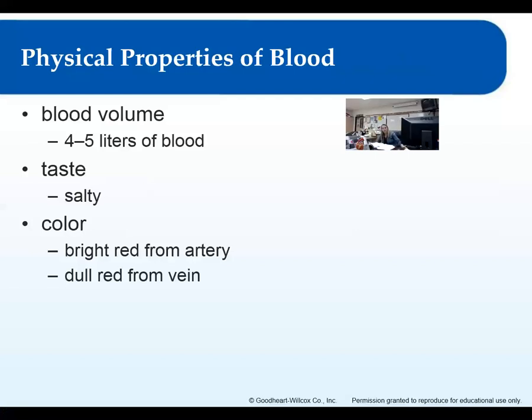More than one exception actually in a fetus, but for us, one exception is the pulmonary artery and the pulmonary vein. The pulmonary artery is actually deoxygenated, and the pulmonary vein is oxygenated because it heads back toward the heart. So that's why I don't like to say bright red is arteries and dull red is veins. That's not necessarily always the case.